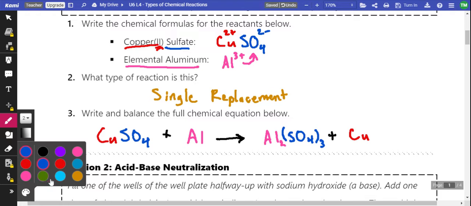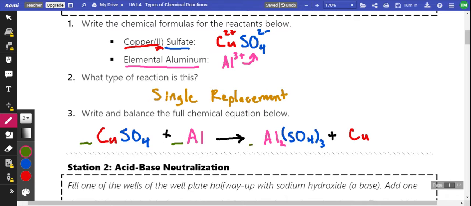So now the last thing I have to do is balance this out. All right, so for example, I have one copper on the left and one copper on the right, so that's okay. I have one of these SO4s on the left and 3 of them on the right.